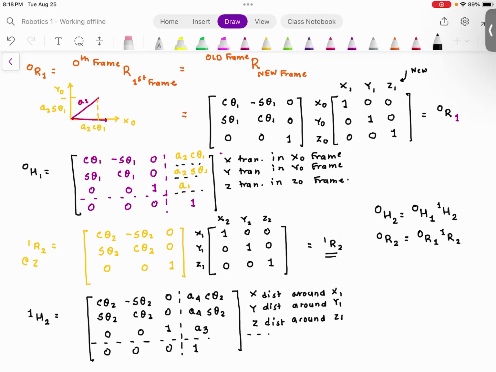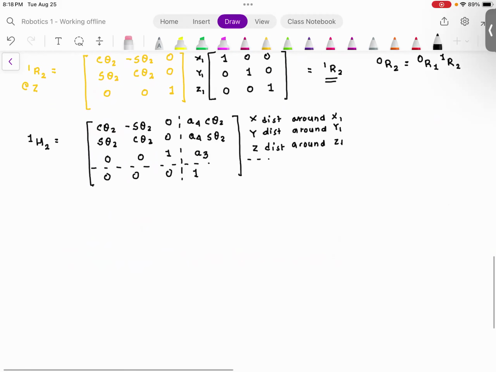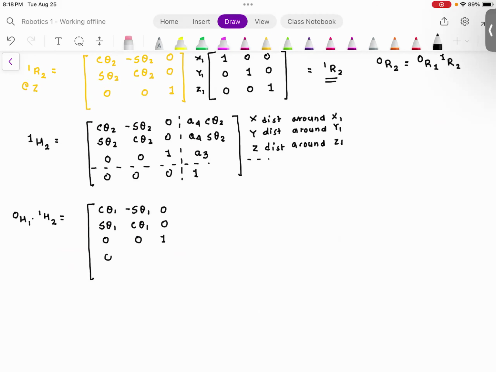Okay, so I'm going to multiply 0H1 by 1H2. So this matrix, and you can correct me if this matrix is wrong: cosine theta 1, minus sine theta 1, 0, sine theta 1, cosine theta 1, 0, 0, 0, 1, 0, 0, 0.